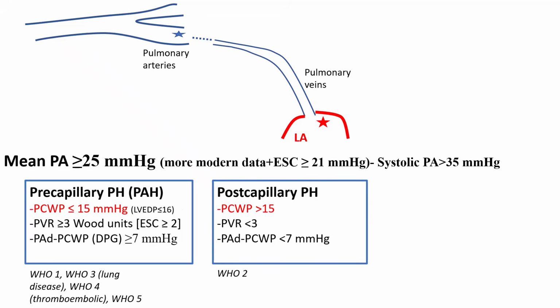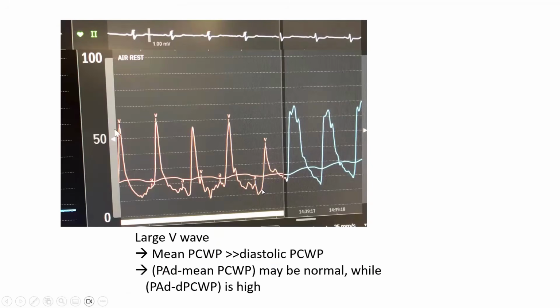The reason for that is that we often miscalculate the diastolic pressure gradient. The true DPG is diastolic PA minus diastolic wedge pressure, whereas it is commonly miscalculated as diastolic PA minus mean wedge pressure.